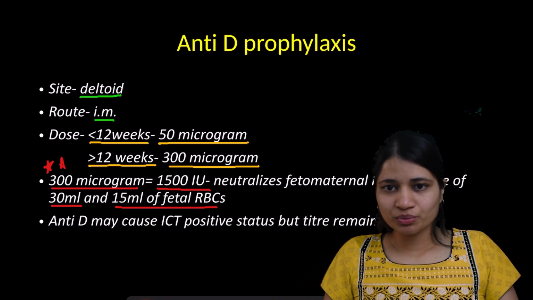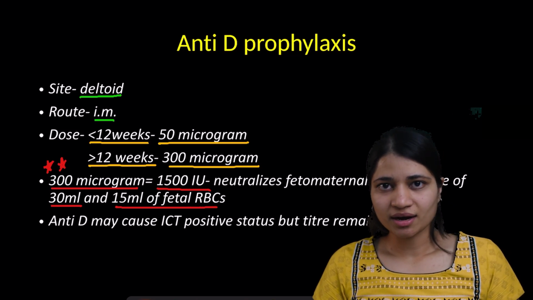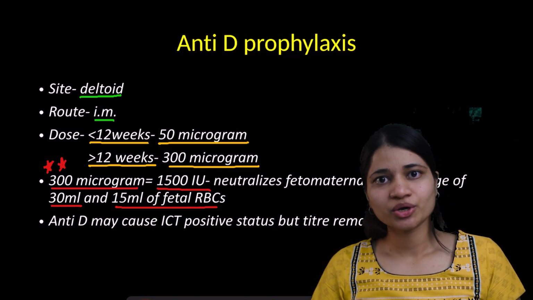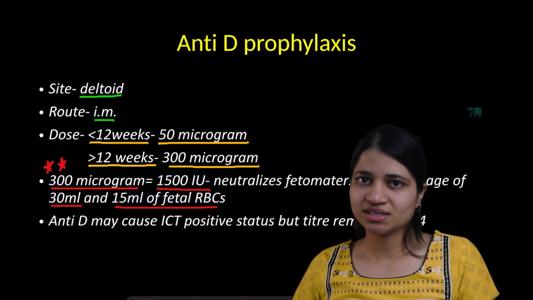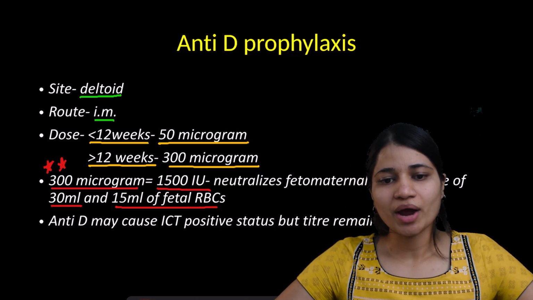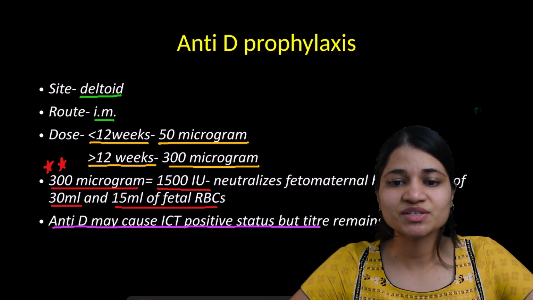So what did we say? That 300 micrograms of anti-D contains 1500 international units, which neutralizes blood of 30 ml and RBCs of 15 ml. Now anti-D can also cause an ICT positive status. So guys, this is very important.